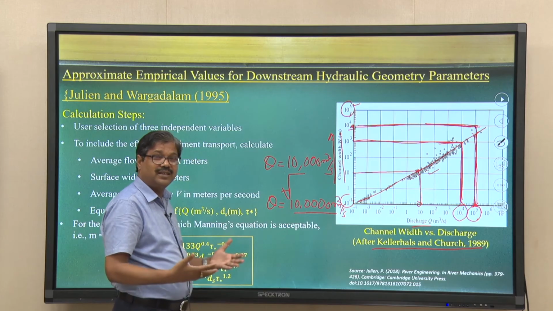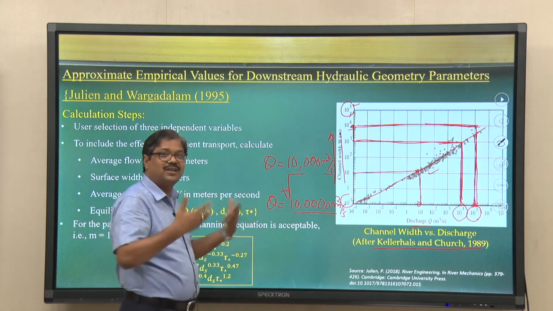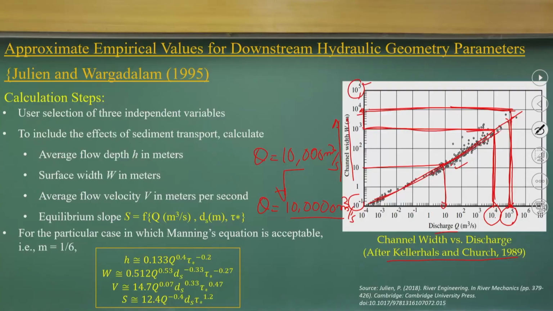The Brahmaputra discharge is 72,000 meter cube per second, and the highest 100-year return period discharge is much larger than that. So this global data helps us interpret the relationship between channel width and discharge.